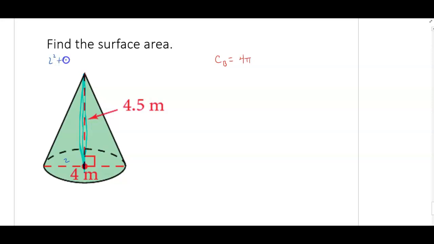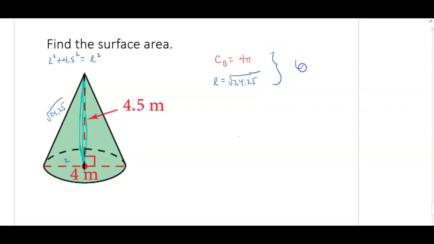So 2 squared plus 4.5 squared equals the slant height squared. So when you go ahead and figure that out, you end up getting a slant height equal to the square root of 24.25.